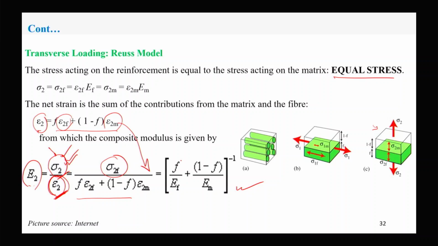Means fiber volume fraction divided by modulus of fiber plus matrix volume fraction divided by modulus of matrix, power minus 1.